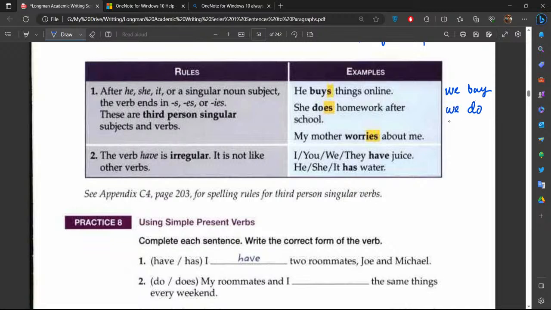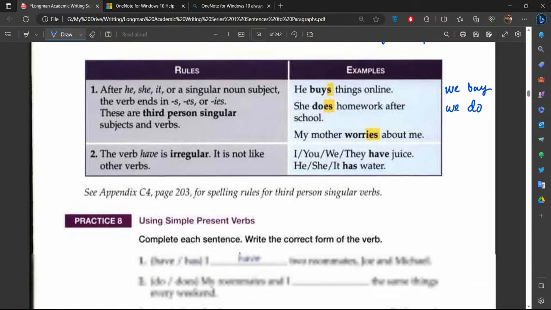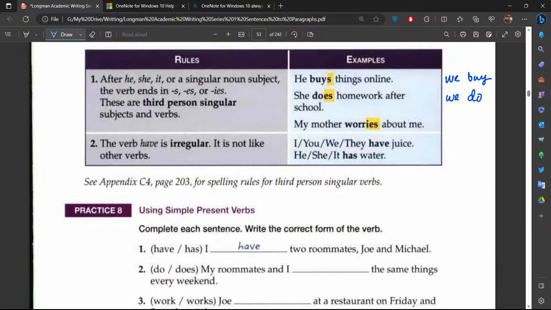We do, they do, you do, I do. But he does, she does, it does, and Ahmed does, a singular person, a noun. My mother worries about me.